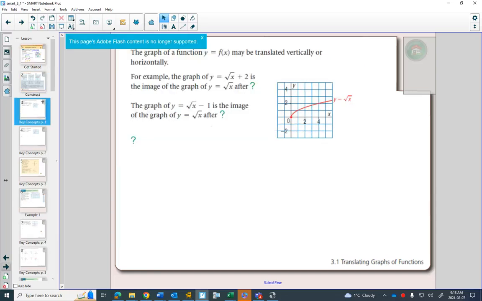We are going to look at a graph that we did, okay, and see, as a little review, does it make sense that this +2 would move it up 2? Does it make sense that this -1 would move it down 1? So we did our square root graph.